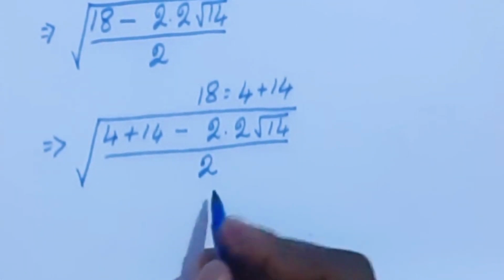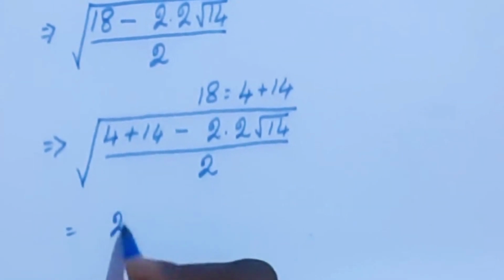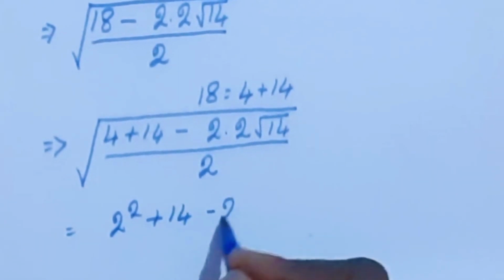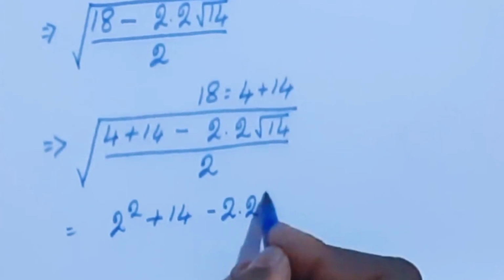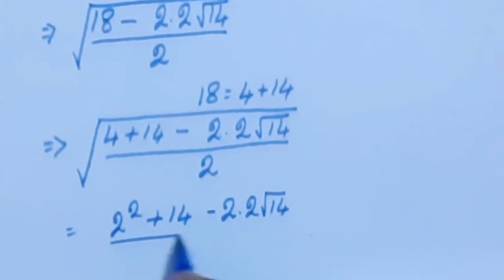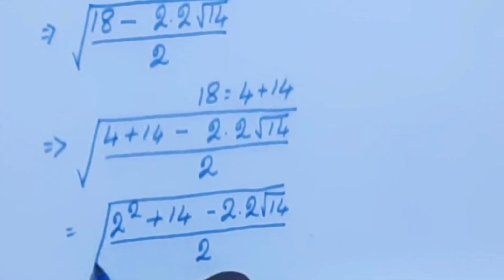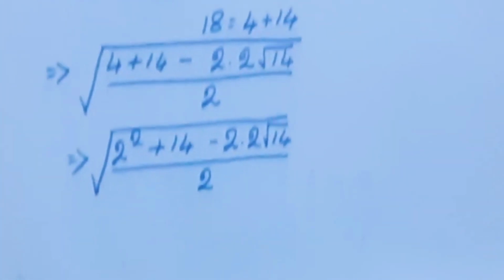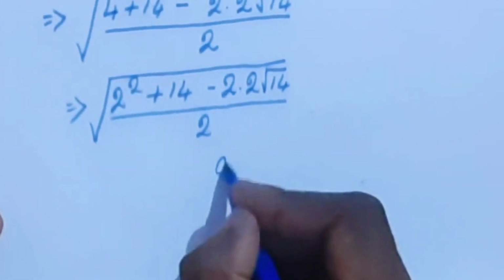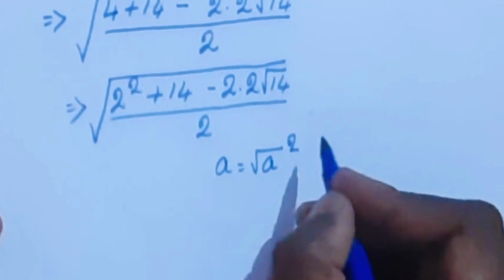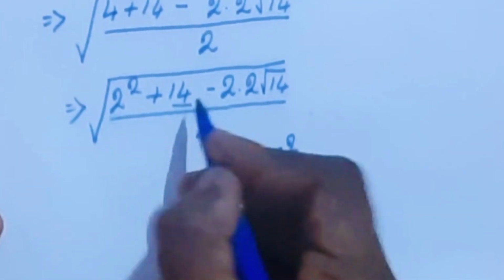Now this 4 can be written as 2 square, plus 14, minus 2 times 2 square root of 14, divided by 2, in whole square root. Here we are going to apply this formula, that is A equals square root of A square. This we are going to apply here.